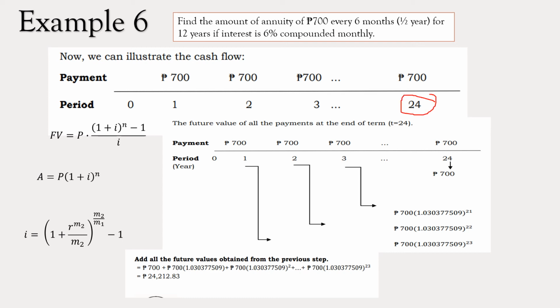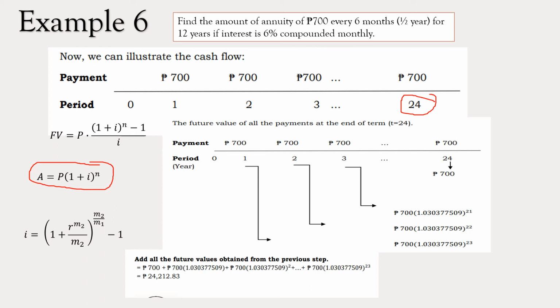So, dito, 700, yung unang taon na 700 mo, yun yung may pinakamahabang tutubuin. Okay, as you can see, 700 times 1.030377509 raised to 23. Paano ba yan nakuha? Galing yan dito sa A is equal to P times 1 plus I raised to N. Ang P, yung 700, yung I, ito yung 0.030377509.